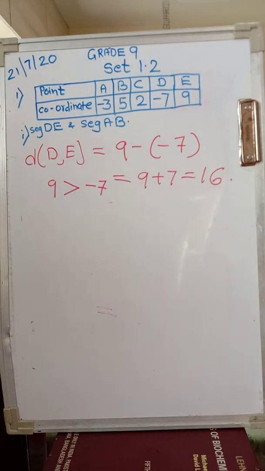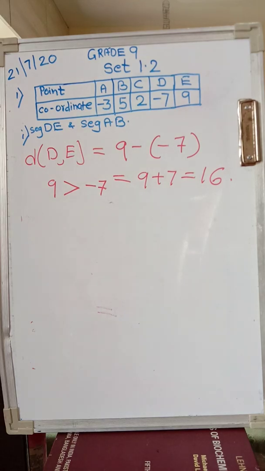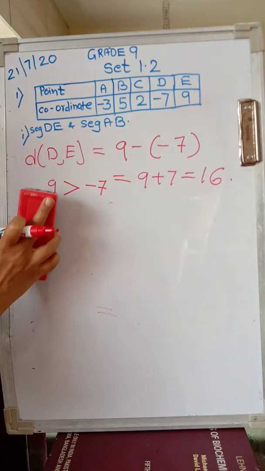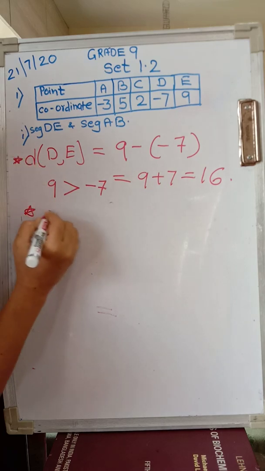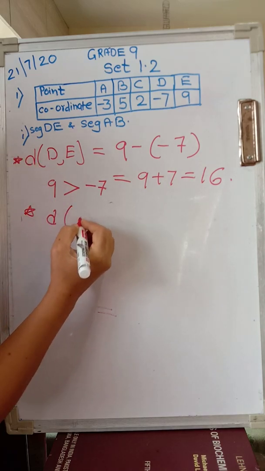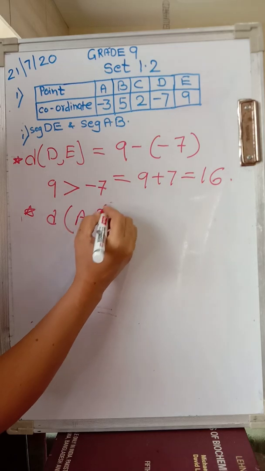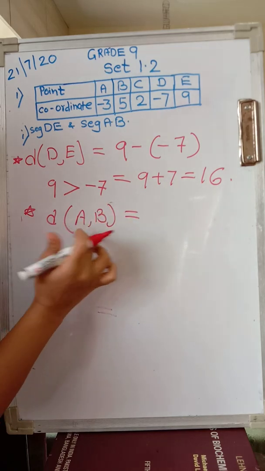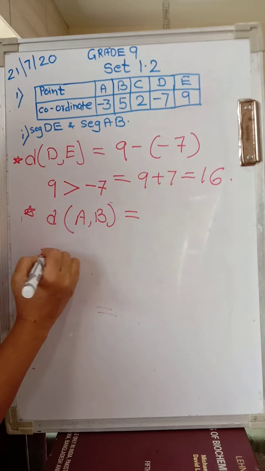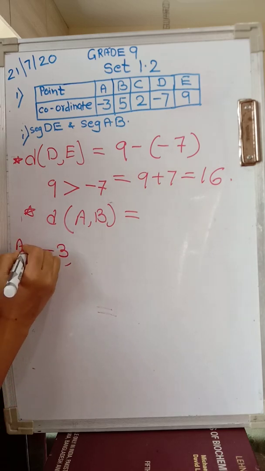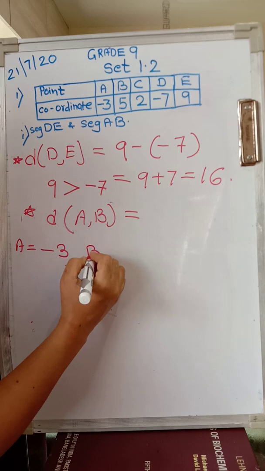Alright. Now let's see how much is the distance. So this is first. Now we are finding out distance AB, A comma B. Now again, who is greater? Let us see. What is A? A is equal to minus 3. A is minus 3 and how much is B? B is 5.